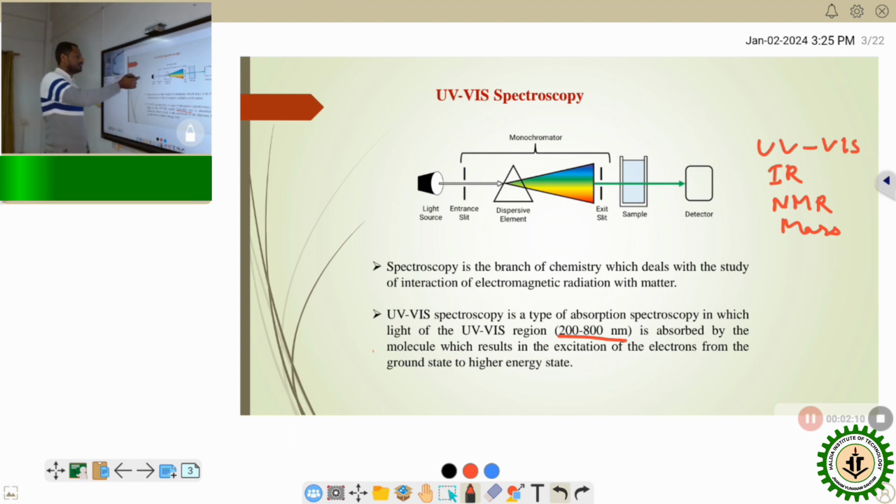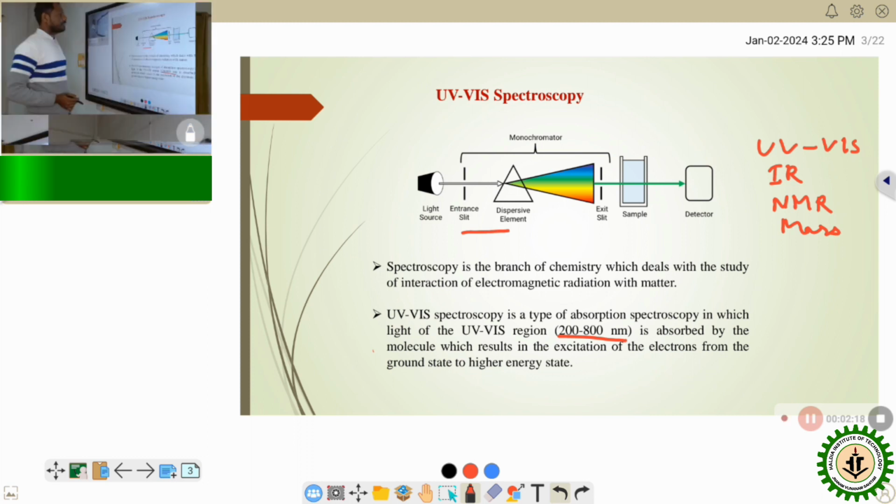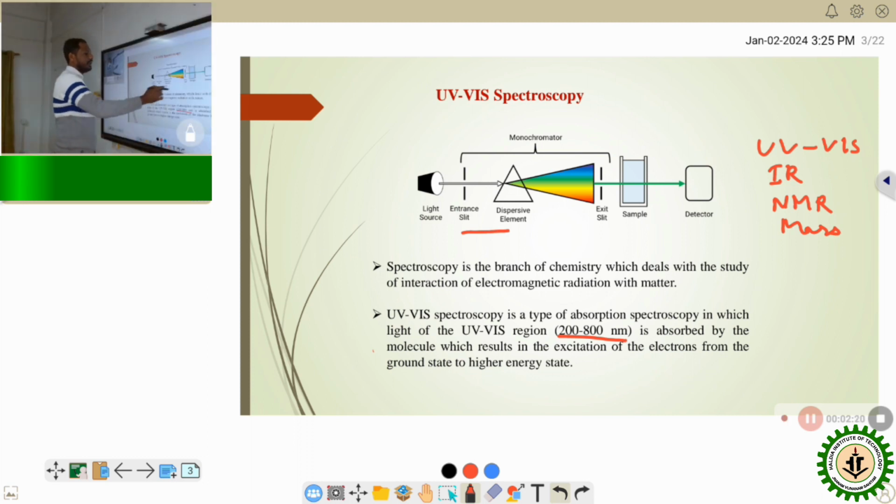Here is a simple schematic diagram of a UV visible spectrometer. In this spectrometer, there is a light source, a monochromator, and you take the sample solution in the cuvette, and this is the detector. The light source is UV visible light, and the wavelength of the light is 200 to 800 nanometer.